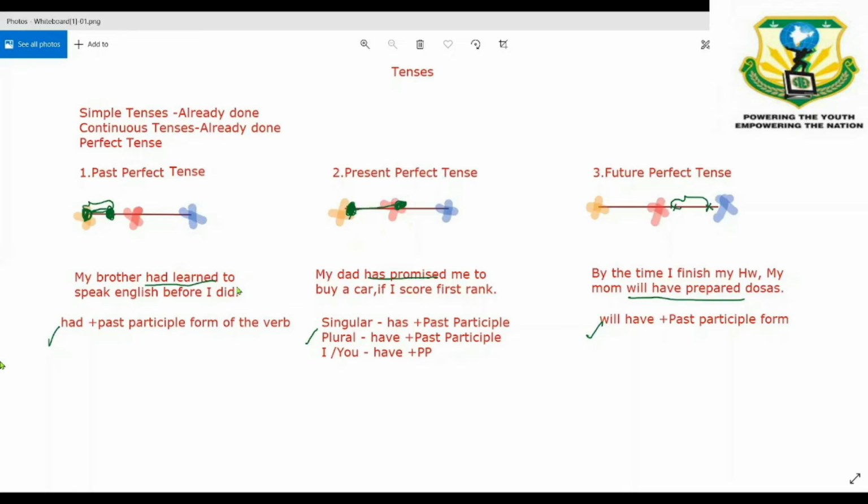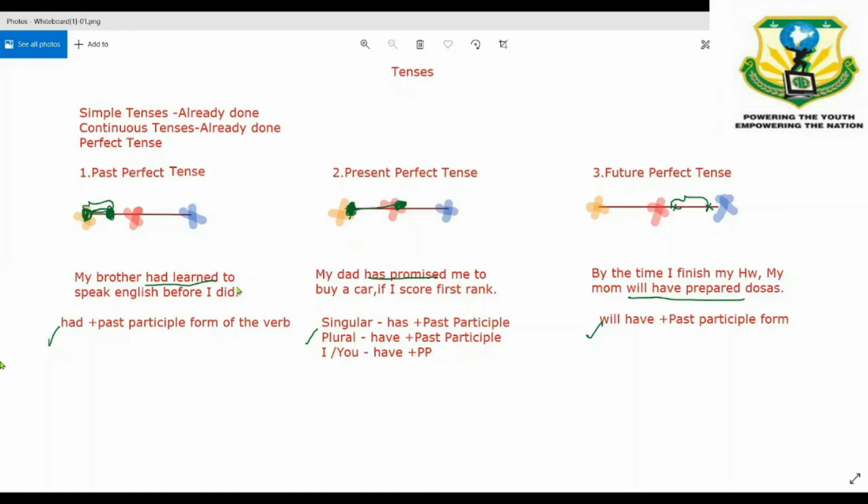Since my dad is a singular noun, we use has here. If it is plural words like my parents, it will come as have promised. Basically, present perfect will follow the formula: has or have plus past participle form of the verb. And I and you will always take have plus past participle form of the verb.